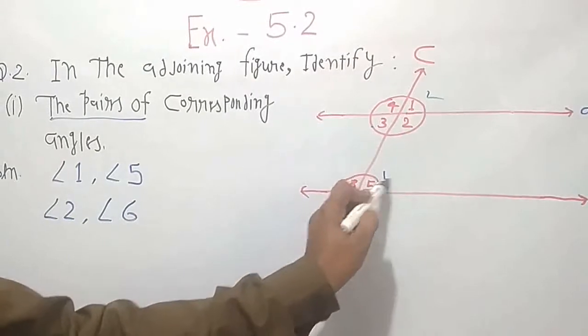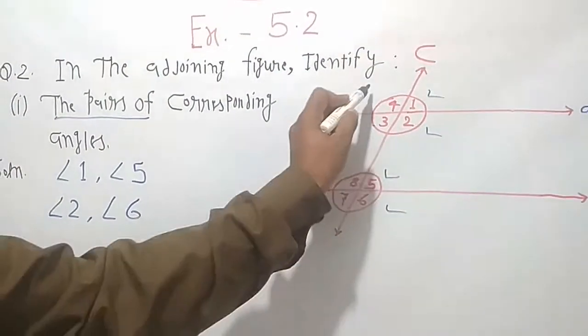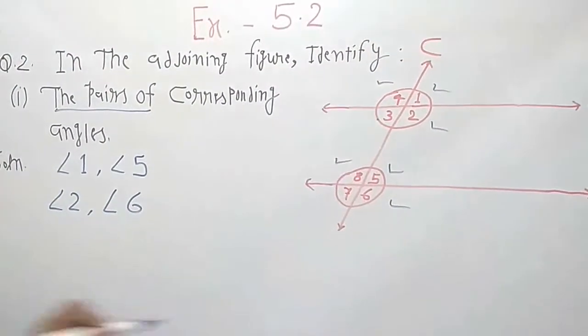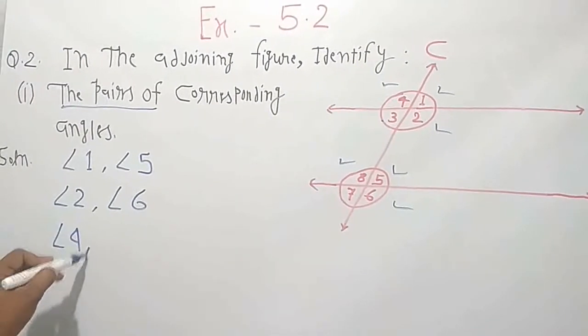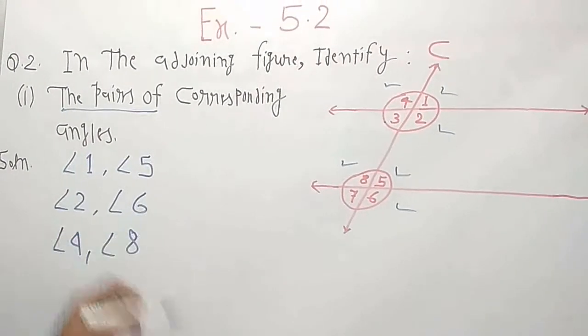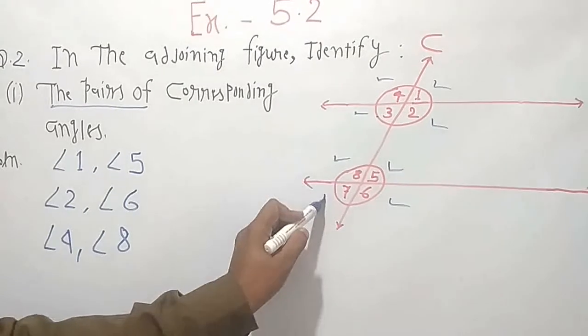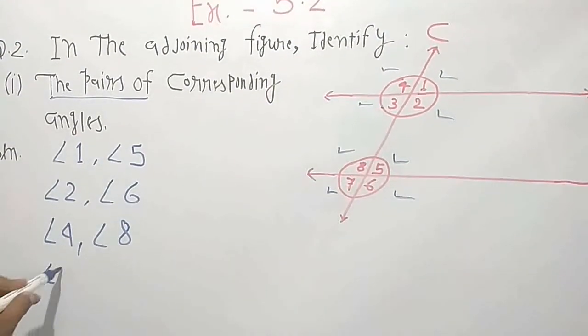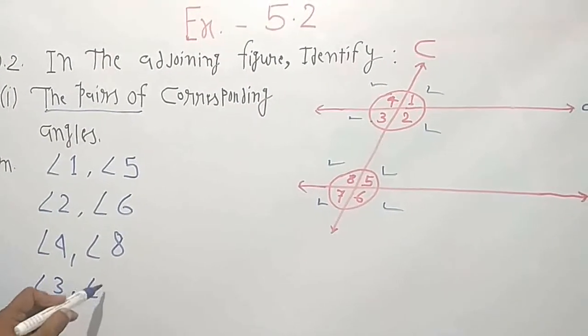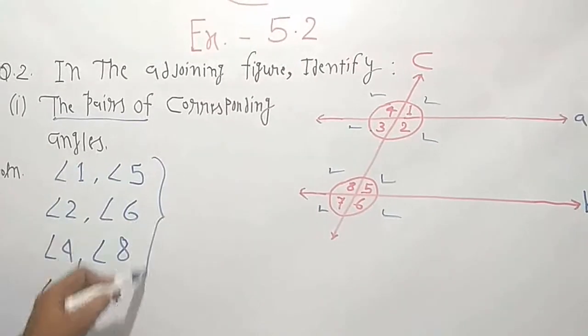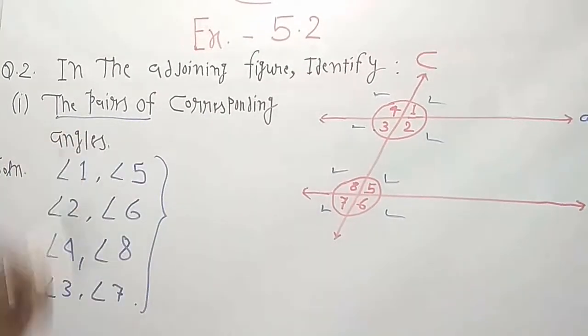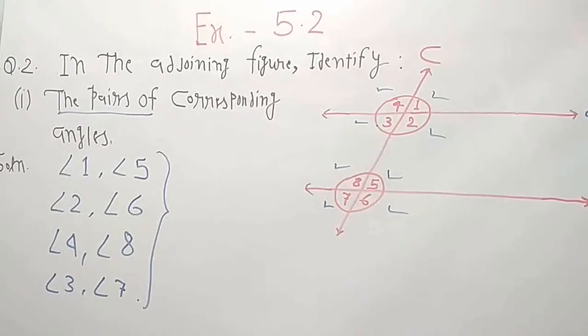Now the third one, angle 4 and angle 8. And the last pair is angle 3 and angle 7. So these four pairs are the corresponding angles.